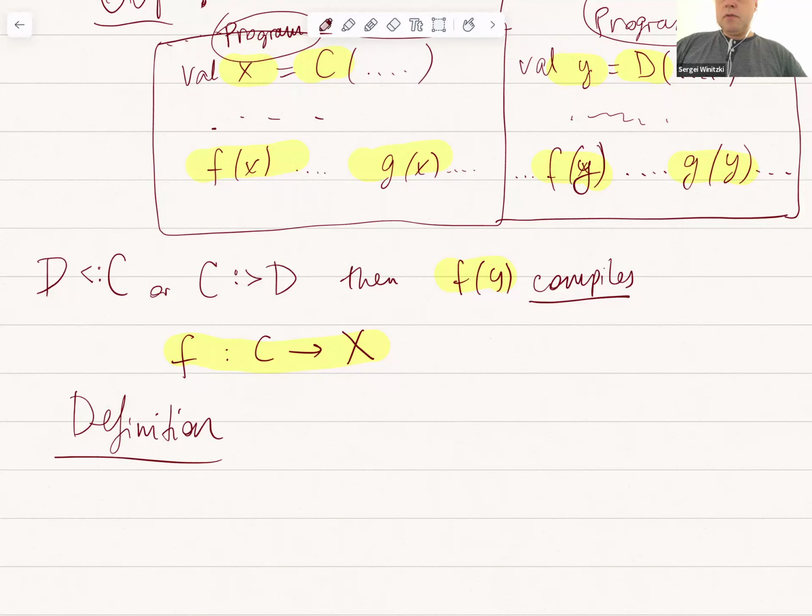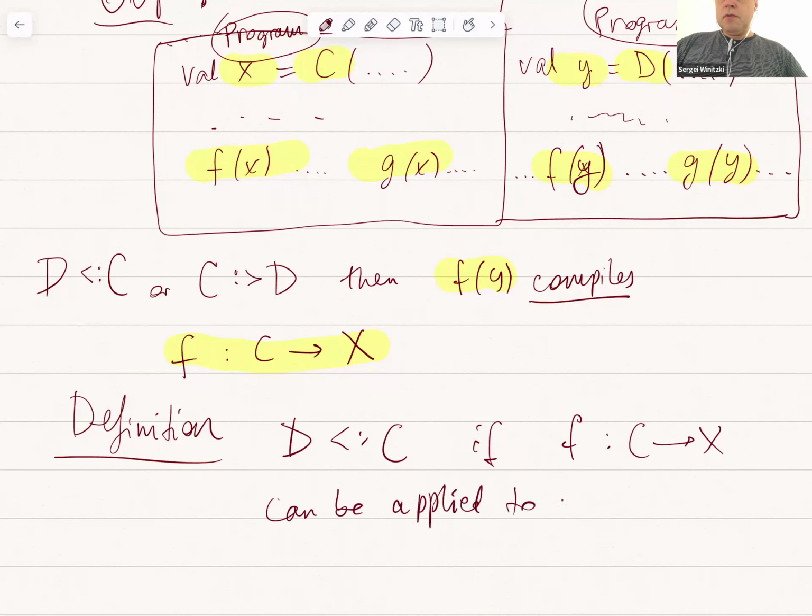We usually just think about values. So what does it mean? Well, that D is a subtype of C if f: C to X can be applied to arguments of type D.